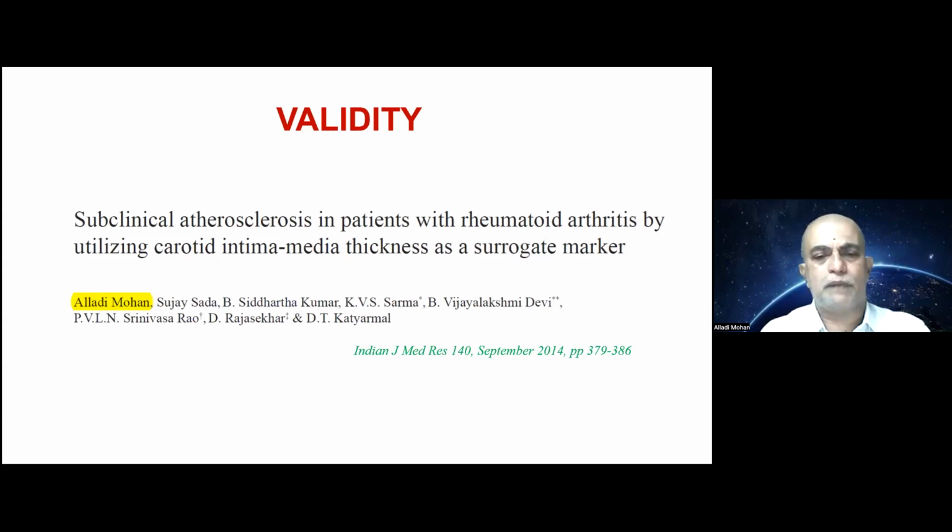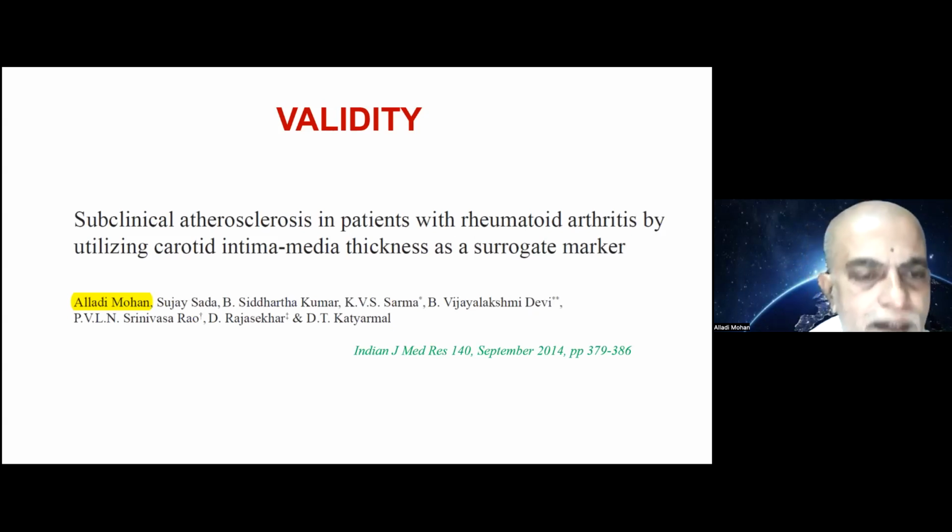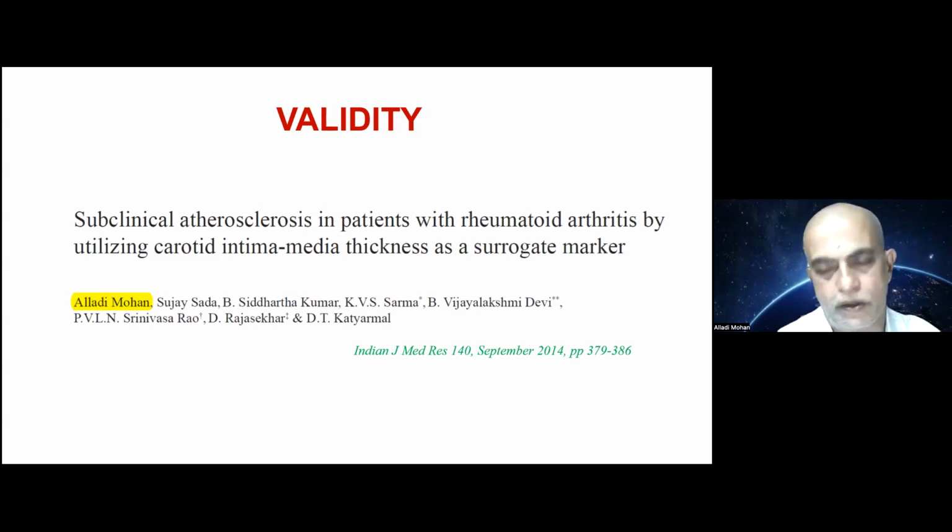This paper we published about a decade ago. This was regarding subclinical atherosclerosis in patients with rheumatoid arthritis using the CIMT as a surrogate marker. Not rocket science, nothing spectacular, but something interesting in terms of method.